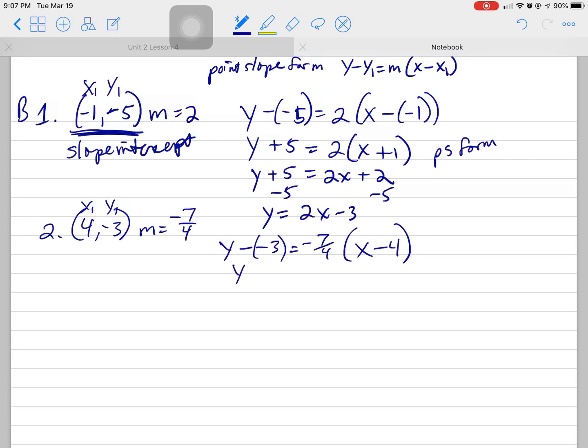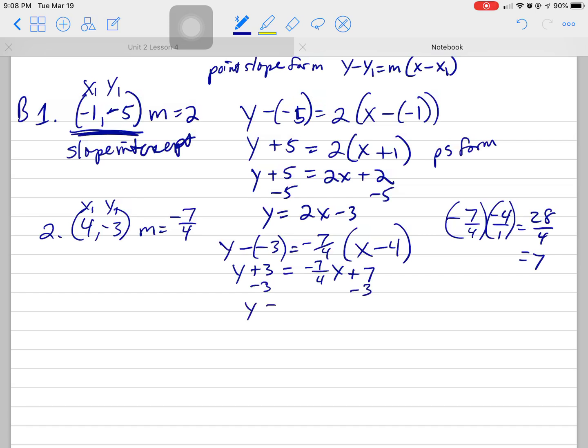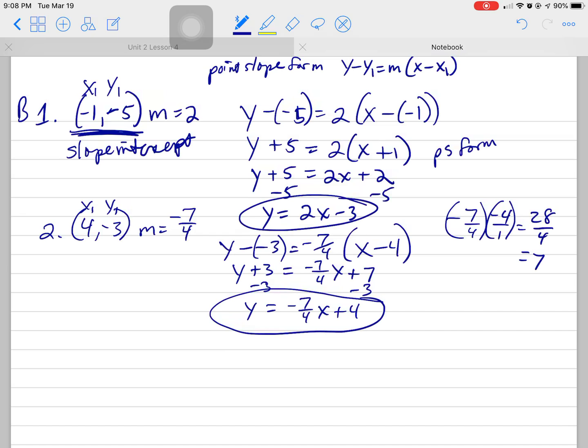So y plus 3, and then I can distribute. A -7/4 times a -4/1 gives me a positive 28/4, which is a positive 7, I believe. Okay, move the 3 over. Y equals -7/4 x plus 4. Done. That's slope-intercept form.